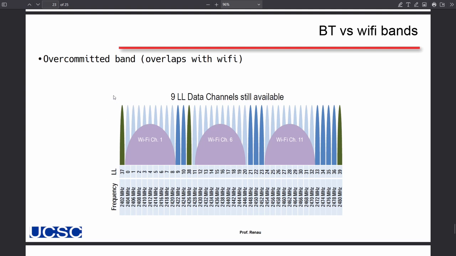Each Bluetooth device needs to advertise itself in order for someone to connect to it. It sends out a super quick packet saying, this is my name and I'm ready to be connected to, which takes a millisecond at most.